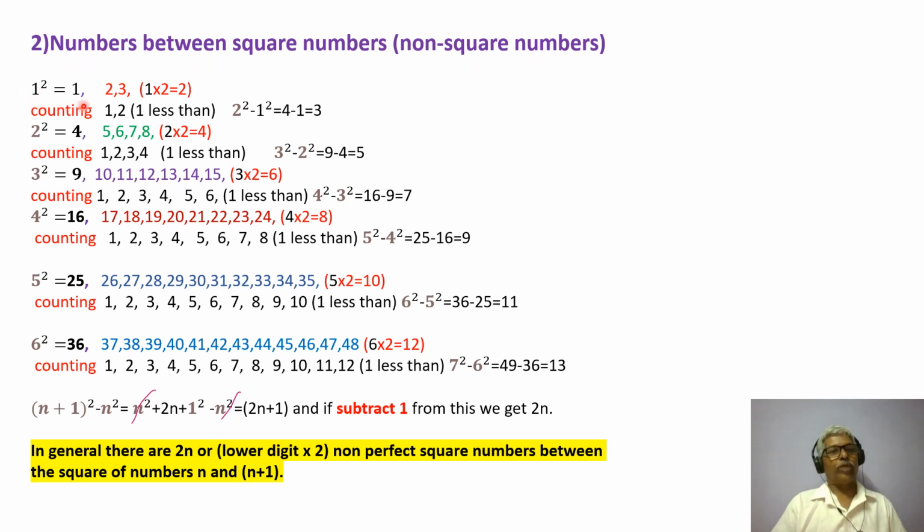1 square is 1. 2 square is 4. So how many numbers are in between these two? 2 and 3. These are two numbers. We count the numbers, we are counting 1 and 2. So if we take this square minus this square, you get 4 minus 1, the answer is 3.